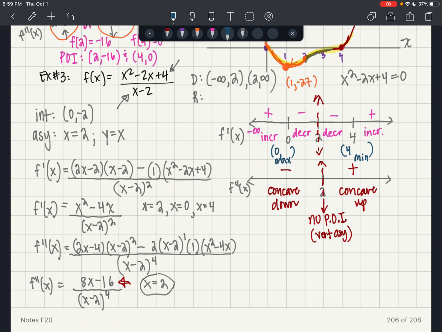When we put a 0 into the original function, which we've already done, we get a -2 out. And when we put a 4 into the original function, go ahead and press pause. You can do the arithmetic. We get a 6.